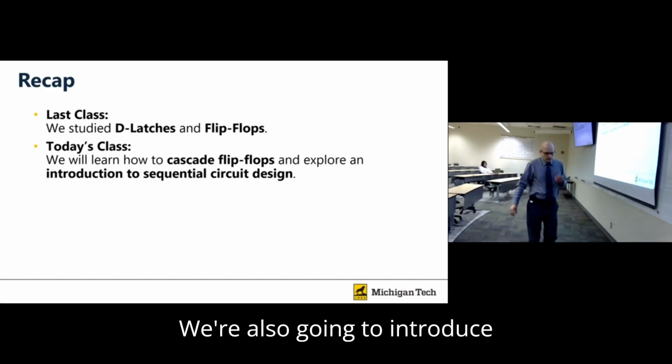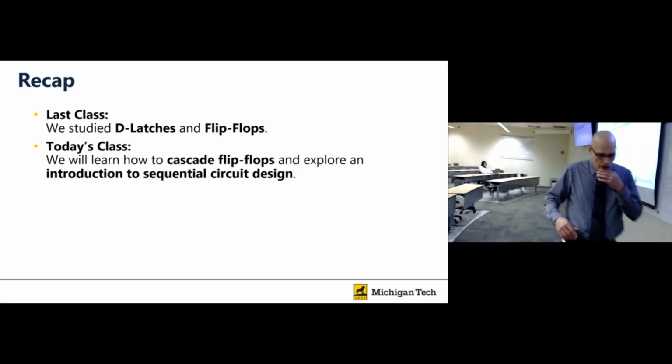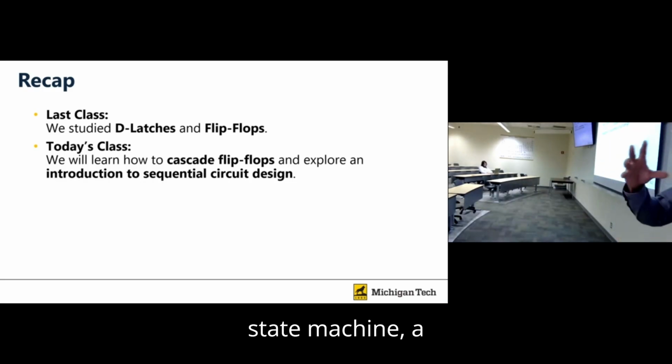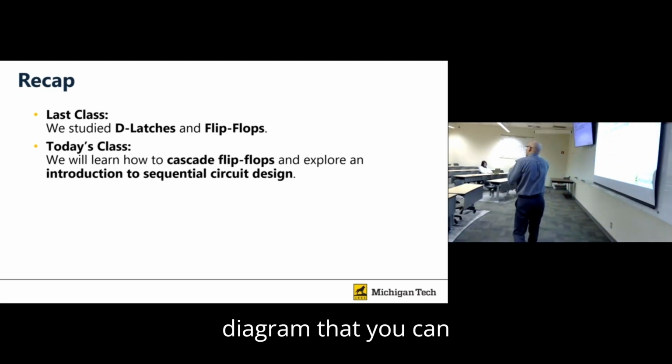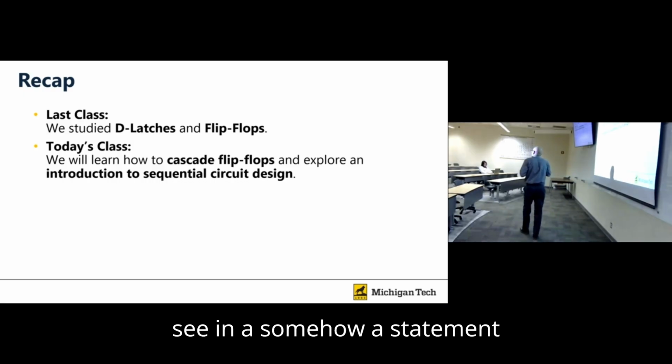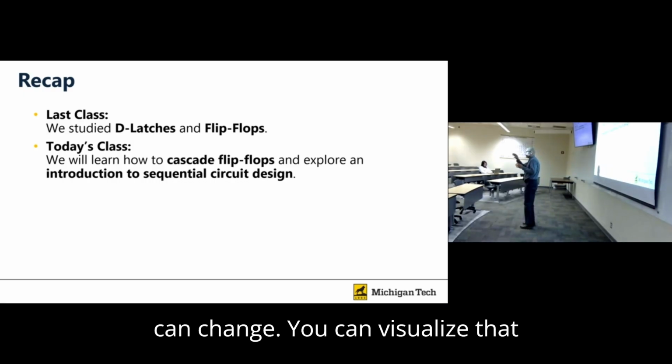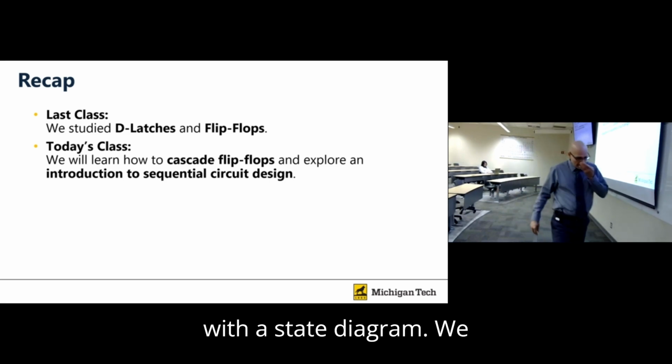We're also going to introduce the state machine, a diagram in which you can see how a state changes in a system. We can visualize that with a state diagram.